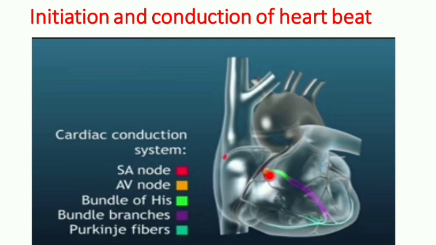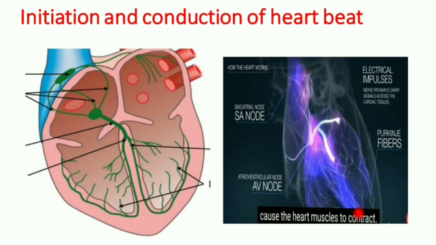This is the SA node, this is the AV node, this is the bundle of His, which is named so because it was discovered by His. This is the bundle branches and these are the Purkinje fibers. These Purkinje fibers are present on the walls of the ventricles, which makes the ventricles contract.